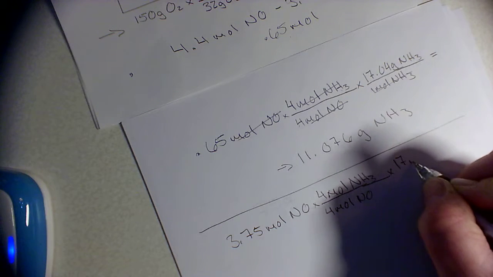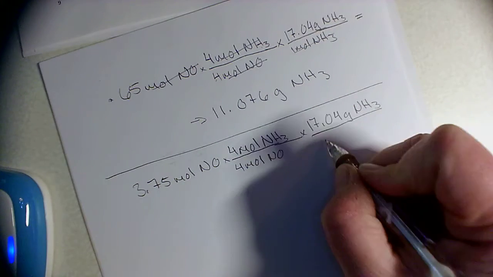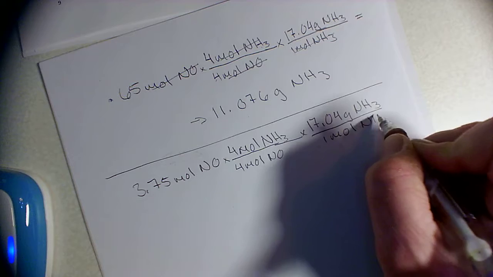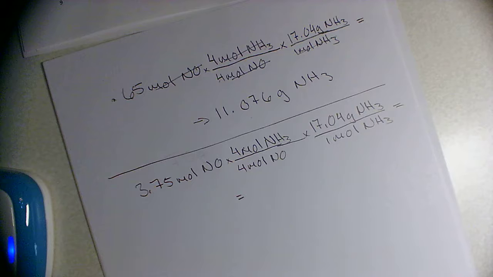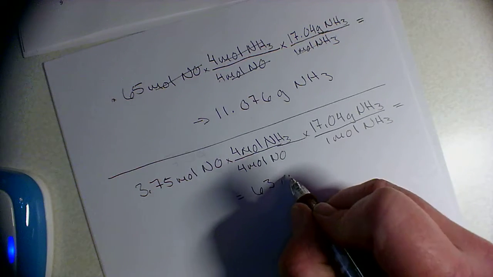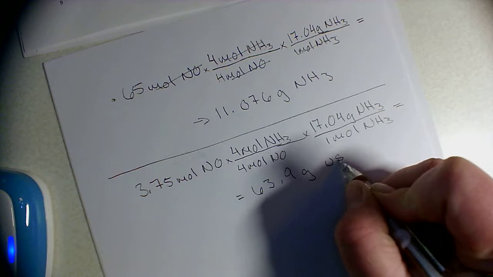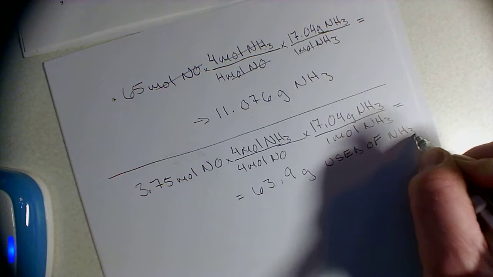times 17.04 grams of ammonia per 1 mole ammonia. Let's see what that gives us. We're going to get how many grams we actually consume in this question. It's 3.75 times 17.04, which gives us 63.9 grams of ammonia used.